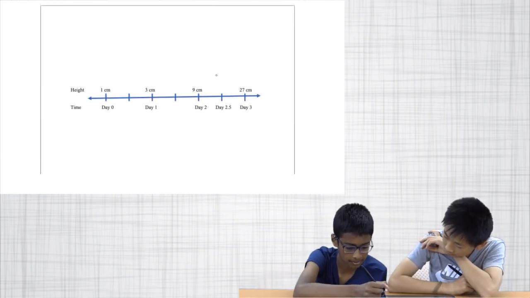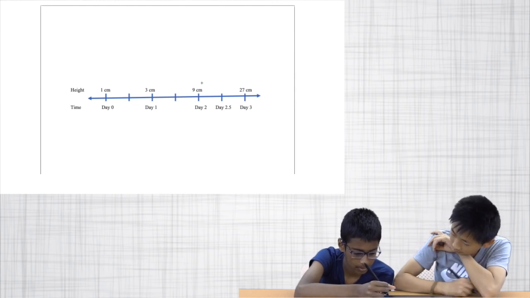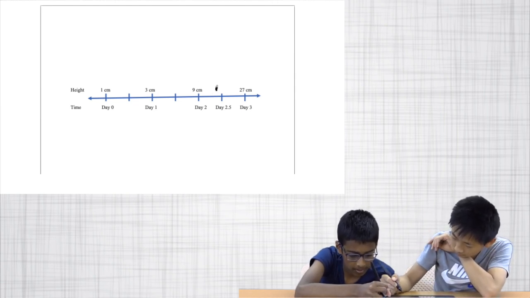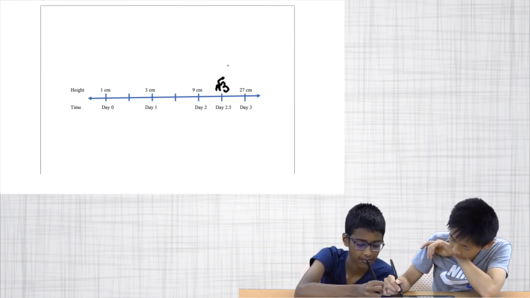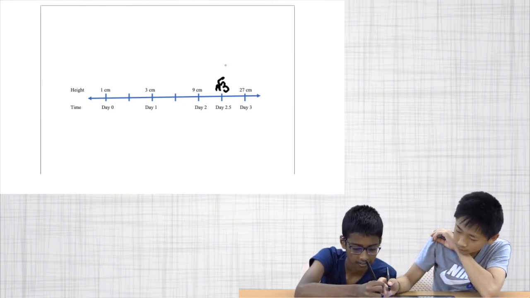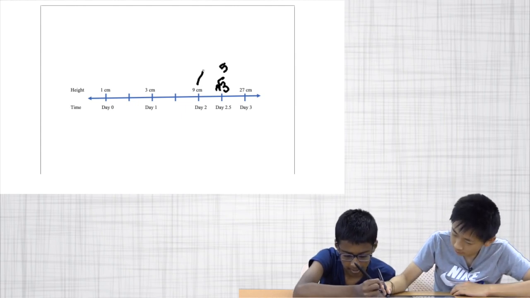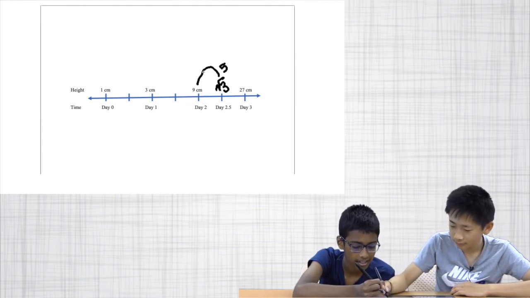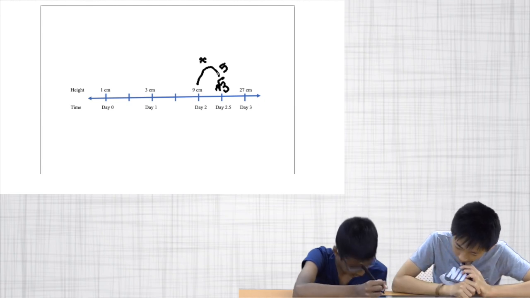Okay. So, for day 2.5, I guess we can do square root of 3 to the 5, I think. Yeah, 5. Let's go to 3 to 5.